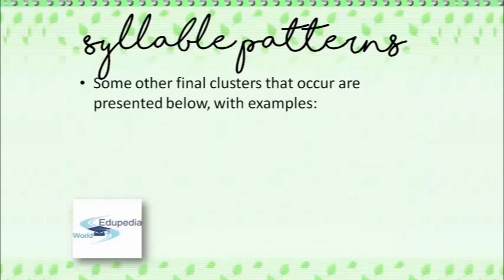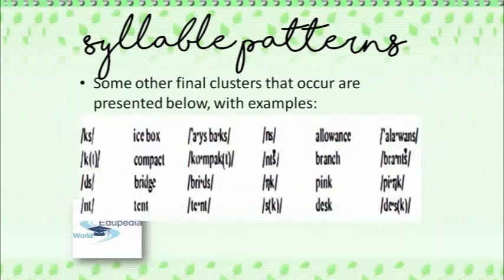Some other final clusters that occur are presented below with examples. We have here icebox, compact, bridge, tent, allowance, branch, pink, desk.